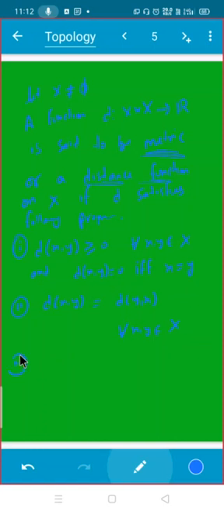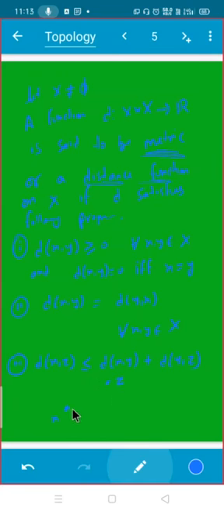And what is the third? The triangle inequality, correct? Distance between x z is less than or equal to distance between x y plus distance between y z. Do you see the third property graphically? Say this is your x and say this is your z.